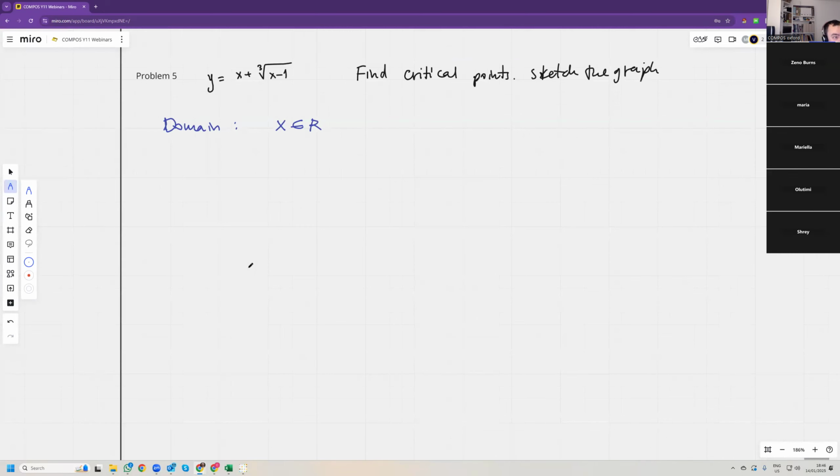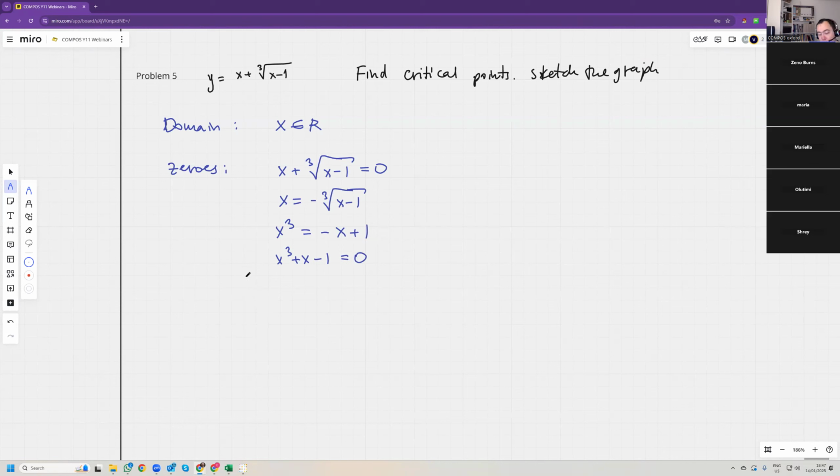Now we want to find the zeros. x plus cube root of x minus 1 is 0. x is equal to minus cube root of x minus 1, so x cubed equals minus x plus 1, x cubed plus x minus 1 equals 0.